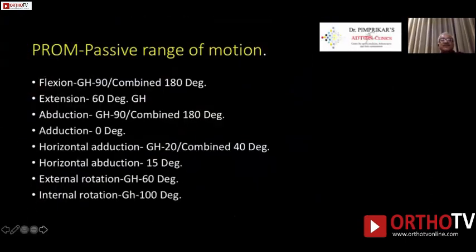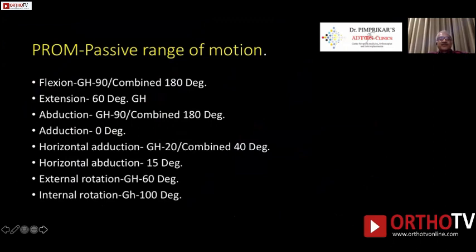Now we come to what is called passive range of motion. When you see the patient perform active range of motion, you have to do passive range of motion yourself. In this situation, we have to see that the joint is moving through the glenohumeral joint, because in all the movements of the shoulder joint, it is not only the glenohumeral joint, but also the scapulothoracic movement, which is also aided by movements of the acromioclavicular and sternoclavicular joint.